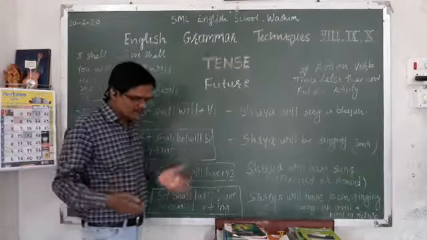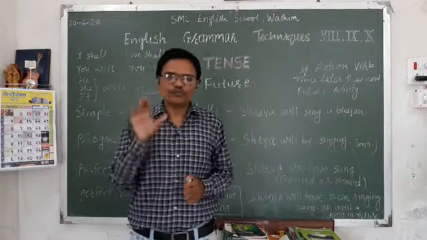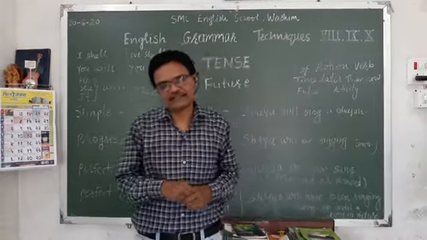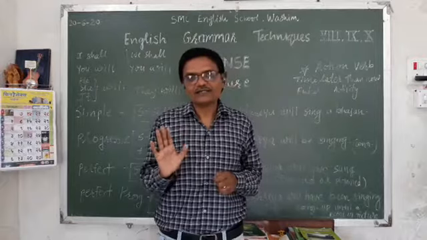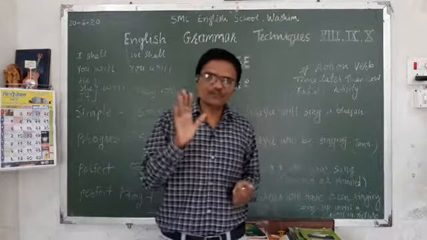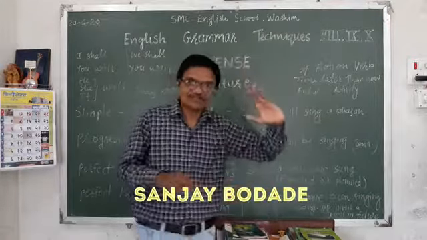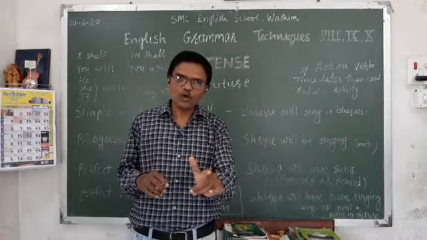Now in all these tenses I urge you to practice negative sentences and interrogative sentences. Okay? And in all these sentences, the most important part is the action verb as well as the auxiliary verb. What are auxiliary verbs?